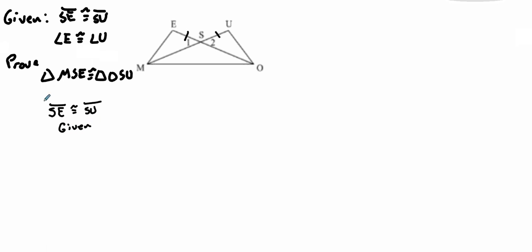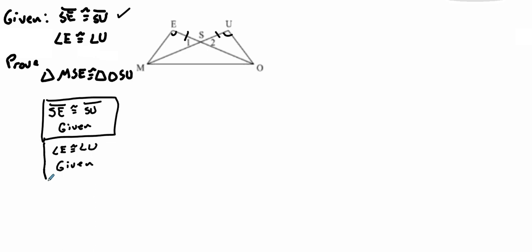Whole thing. So I've used one bit of given information. I'm also told something about angle E being congruent to angle U. I'll put those marks in too, because I can. A little small. That's given information.